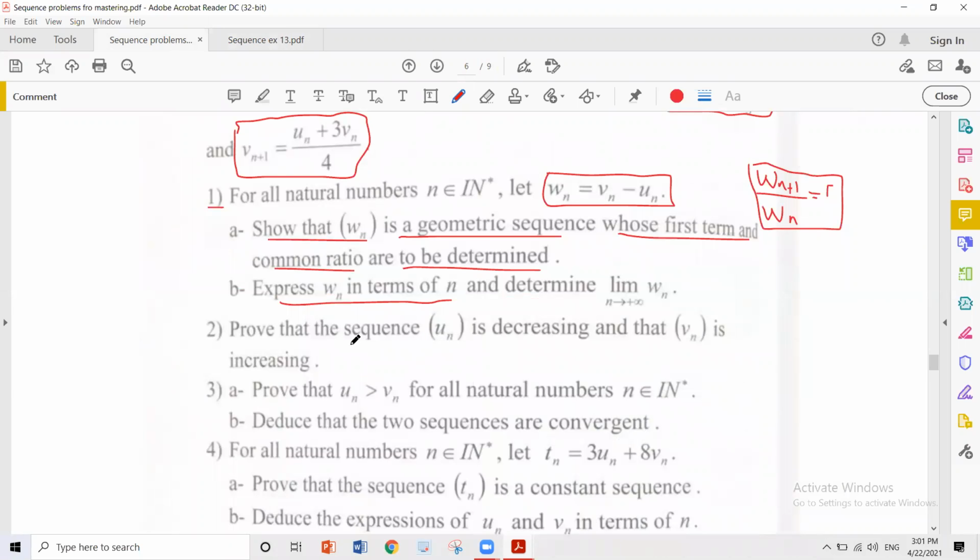Part 2. Show that Un is decreasing and Vn is increasing. How to prove a sequence is increasing or decreasing?